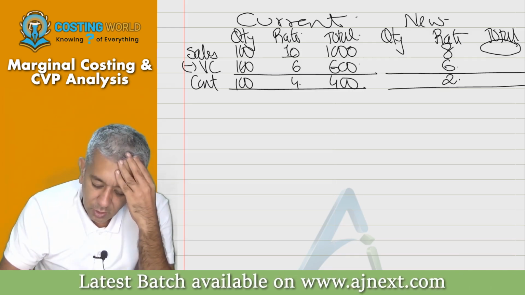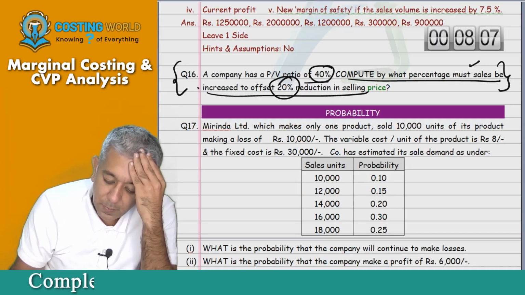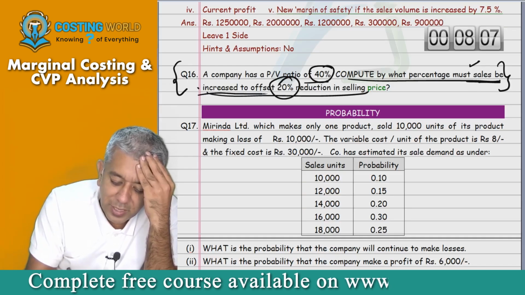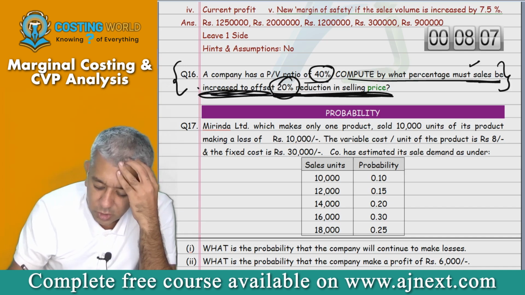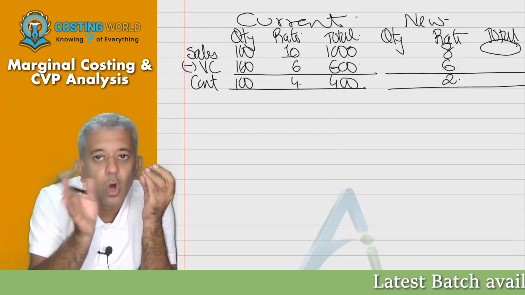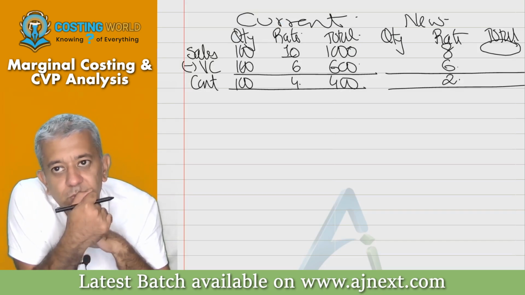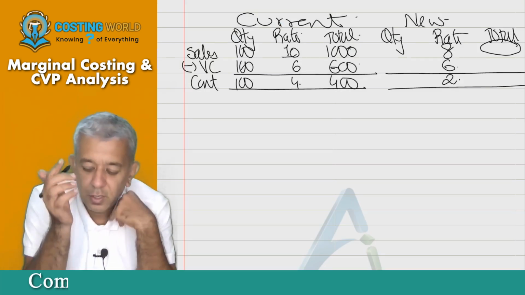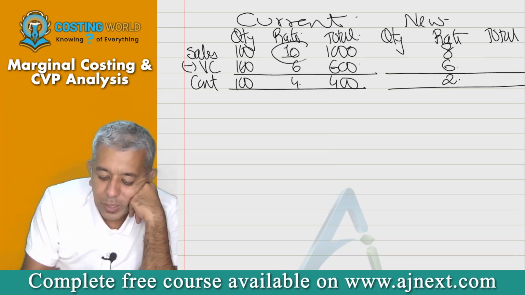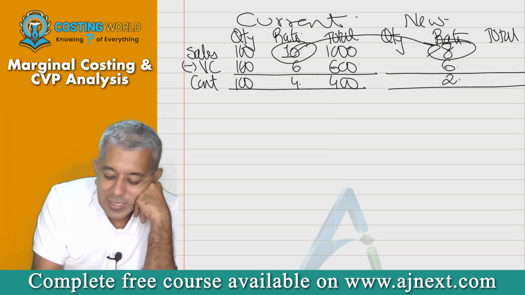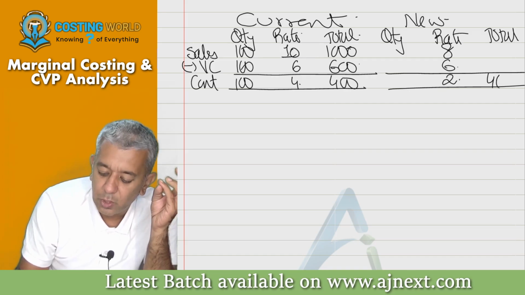See, what those guys are saying, this is our current status. By how much your sales shall be increased to offset 20% reduction in selling price. Offset means, what is the current contribution that you are earning? 400. Obviously, even if price reduces by 20%, I still want to be earning the same amount of contribution.